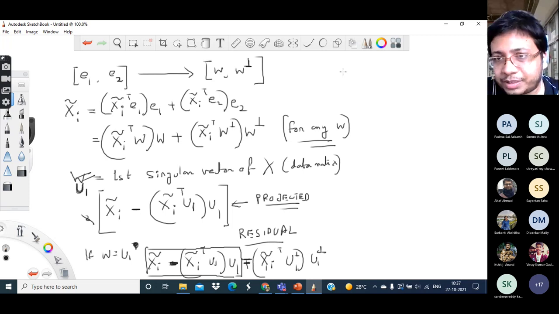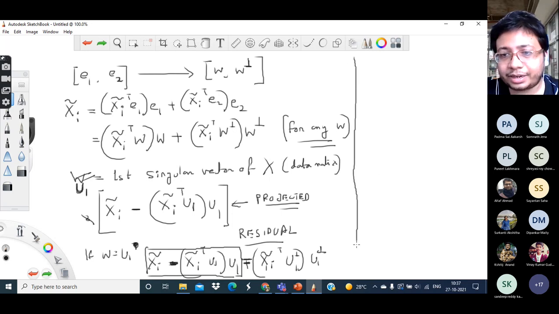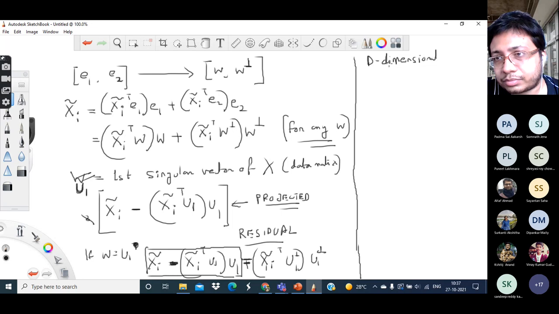So specifically, let us now consider, instead of two-dimensional data, a d-dimensional data where d is high, much greater than 2.